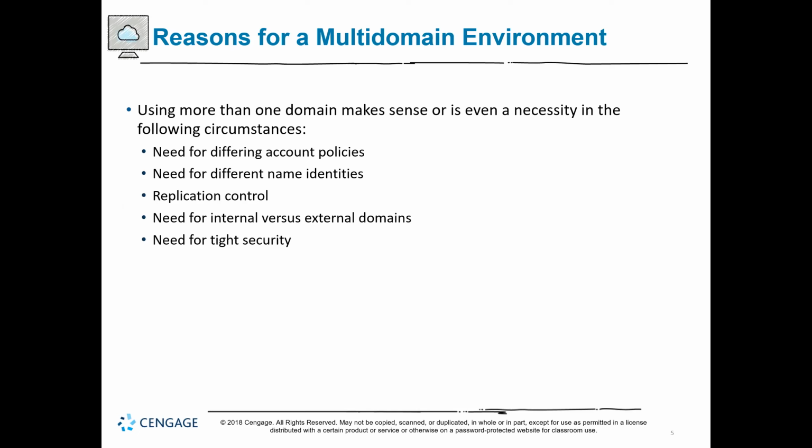So you have to put really tight security on their stuff versus the rest of things. Sometimes you'll see really big ones where they have one domain for just an entire department if they have a lot of security.